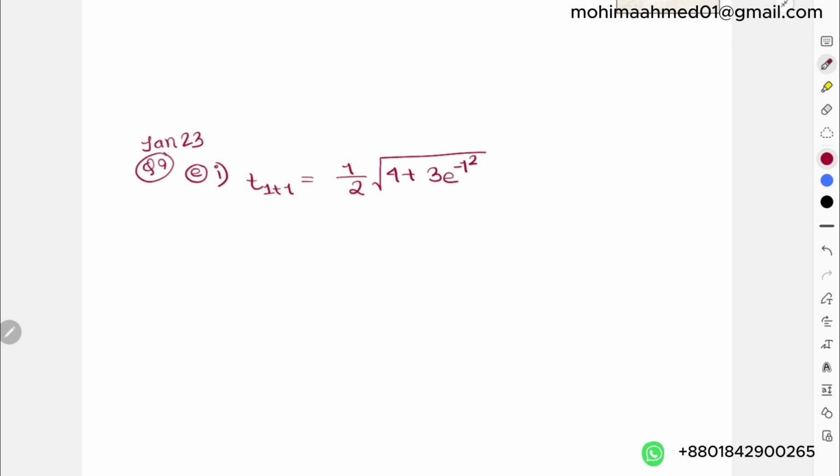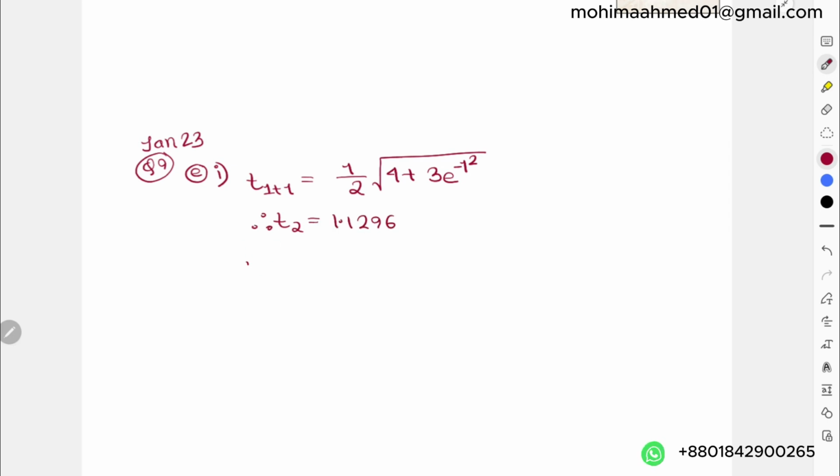From there I'm going to get 1 by 2 root over 4 plus 3 e to the minus 1 squared, and that gives you the value of 1.1296. So you get the value for x2 as 1.1296.